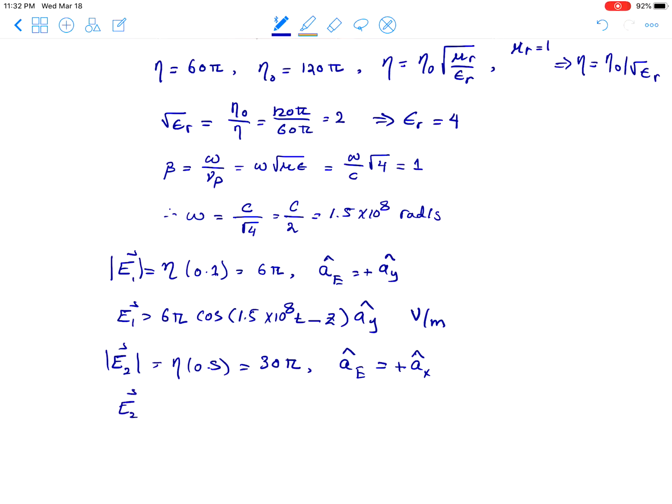Therefore, E2 will be 30 pi sine of (1.5 times 10 to the power 8 t minus z) a_x volts per meter, and the total electric field will be the summation of these two.